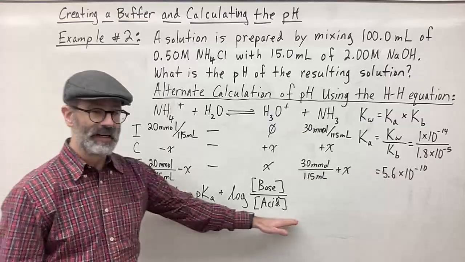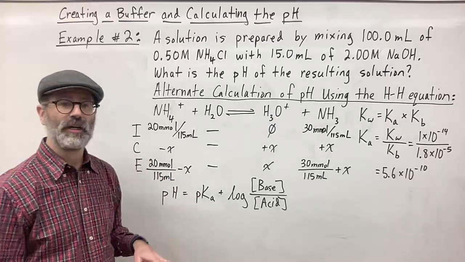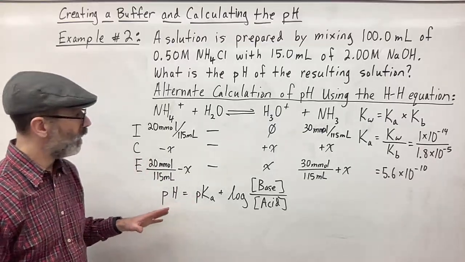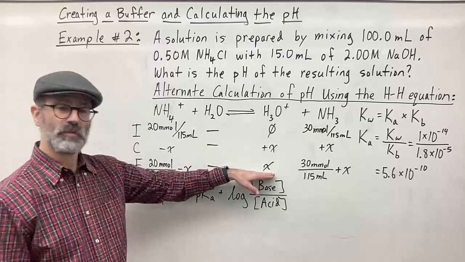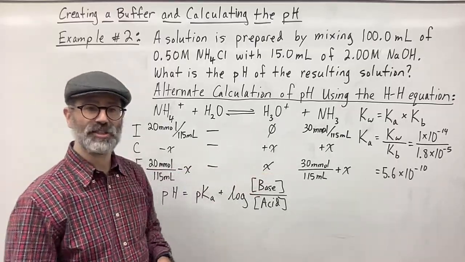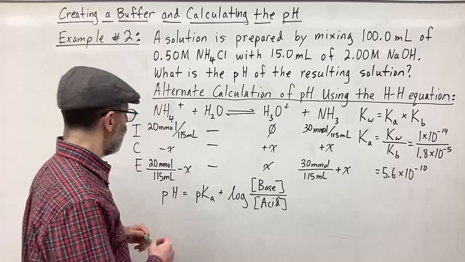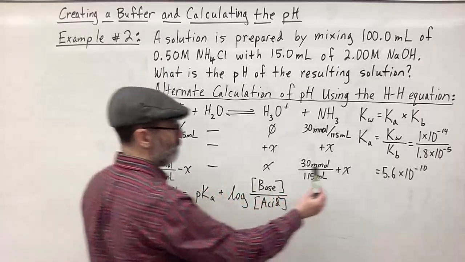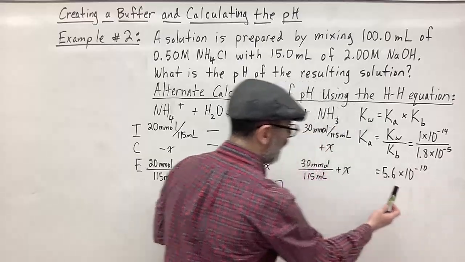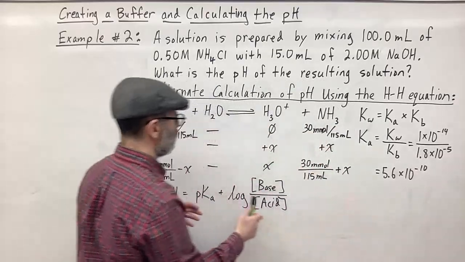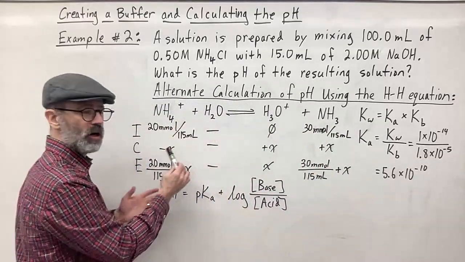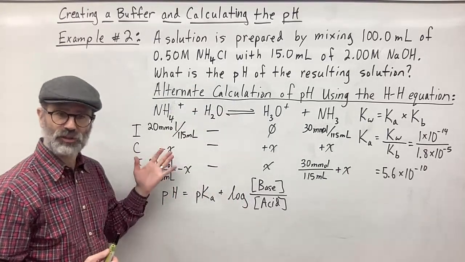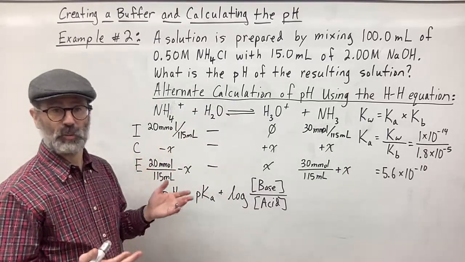Now, again, like I said, this only works if the value of the x is so small that it's negligible. And so in that case, if you find that the value for K is so much smaller compared to the concentration you start with, then you can assume it's negligible.